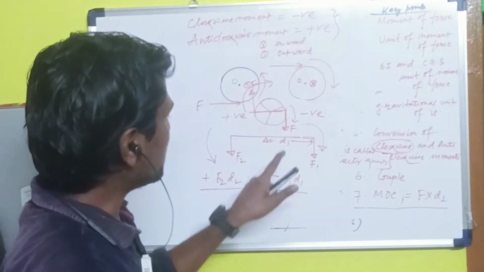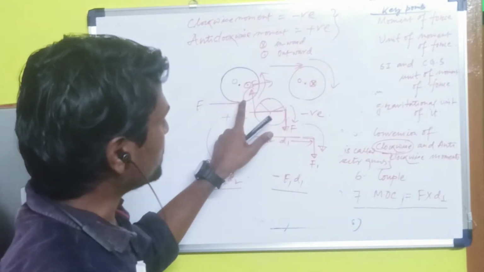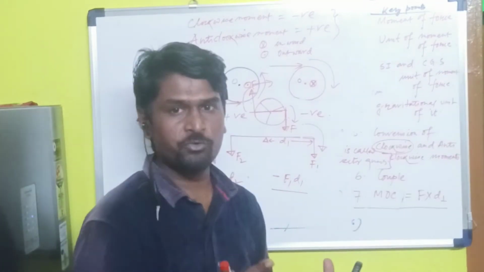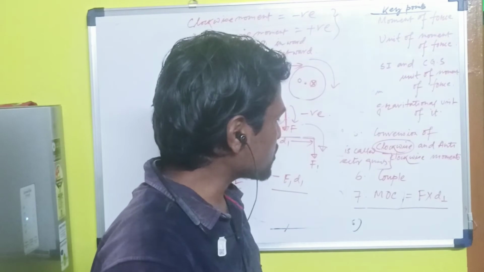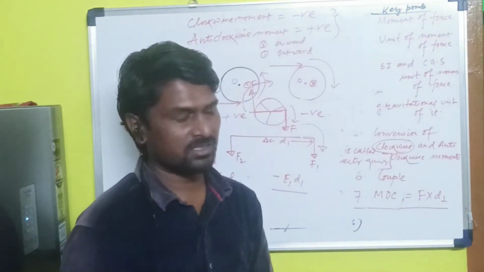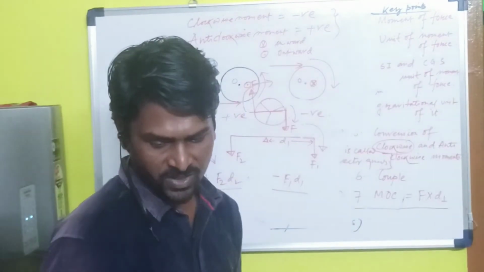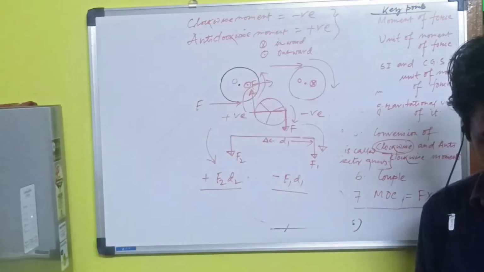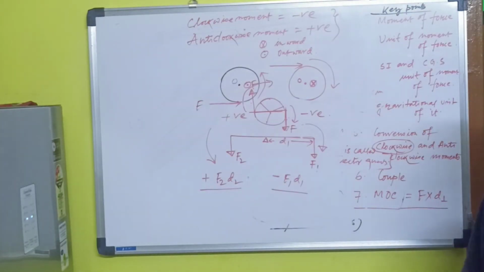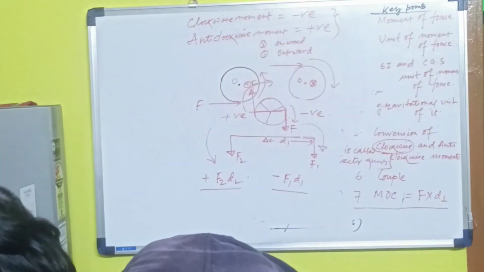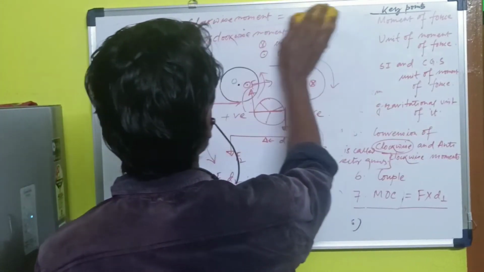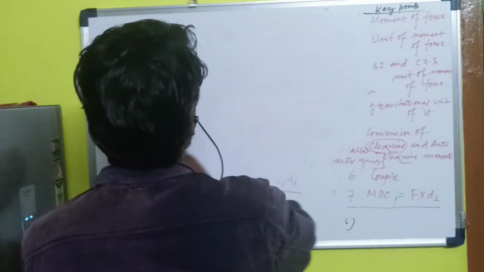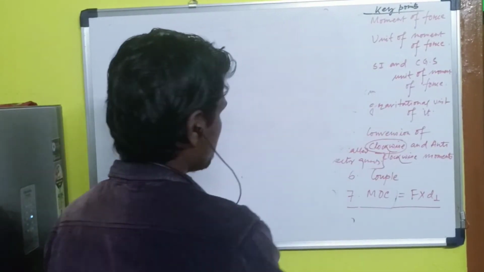So there are two forces, and every turning phenomenon is associated with two forces. This is called couple. Couple is a turning effect caused by two equal forces. So the next question is, what is couple?